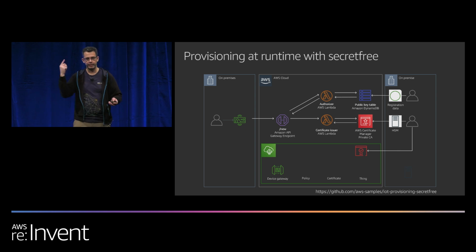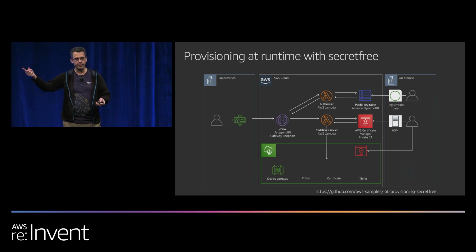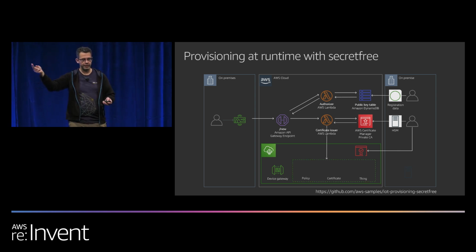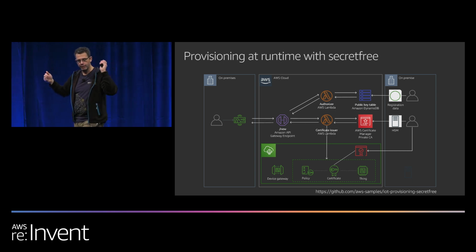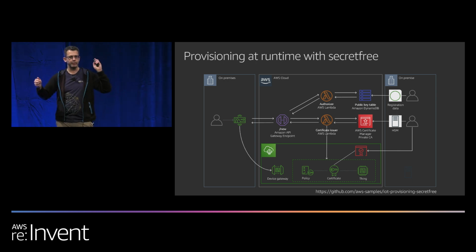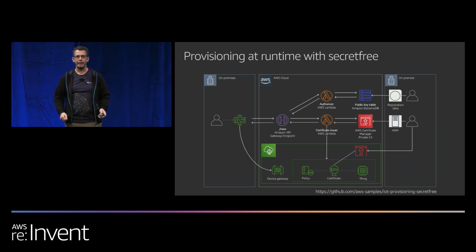So now I can import the certificate directly into IoT Core. I can generate the thing, and I can make the relationships between the thing and the certificate and the policy, and I'm good to go. Now I can return the certificate to API Gateway, give that back to the device, and now we can connect to IoT Core. Everything's good, right? That's lazy loading.